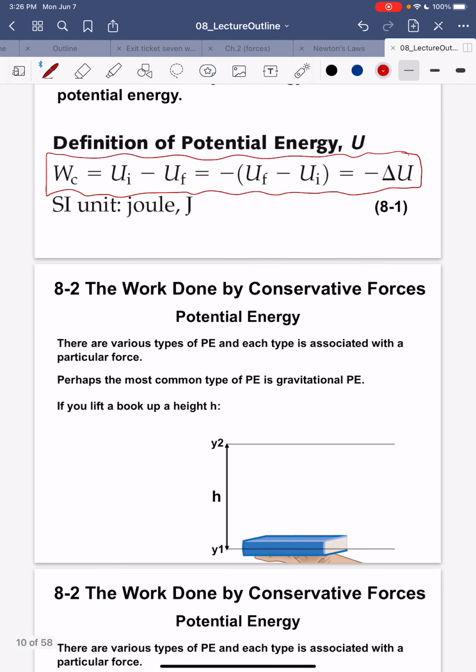Now, the work done by conservative forces. Here we are displaying one of the most important conservative forces, which is gravity.